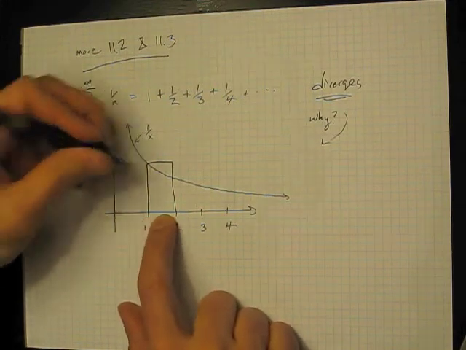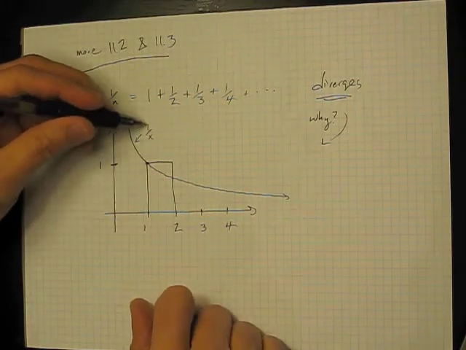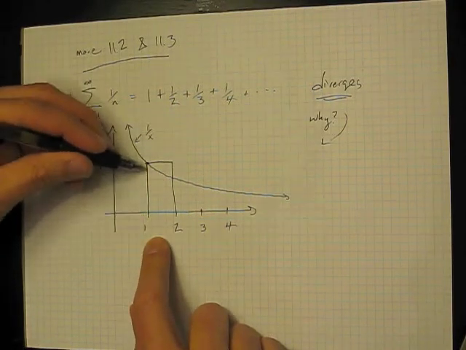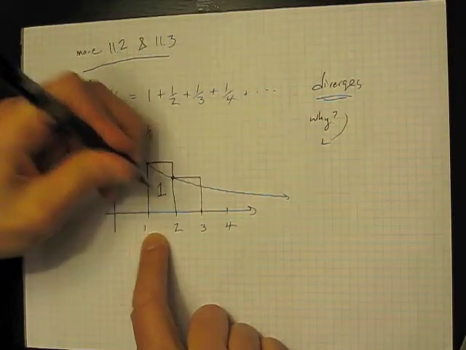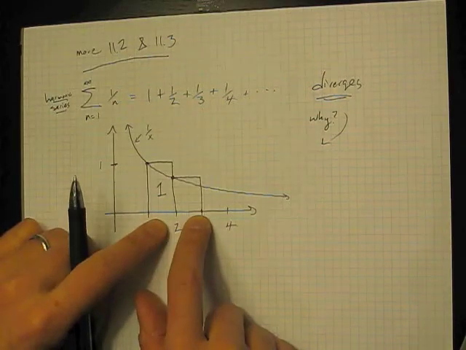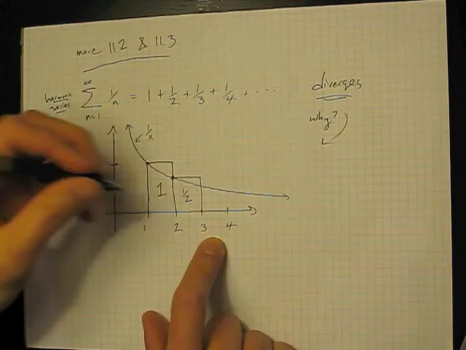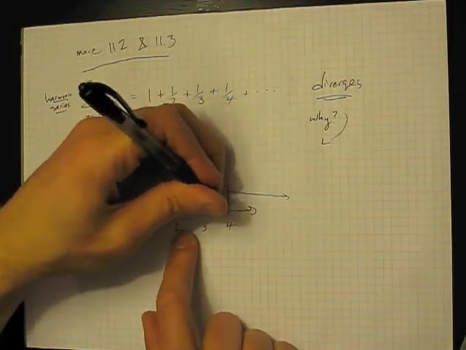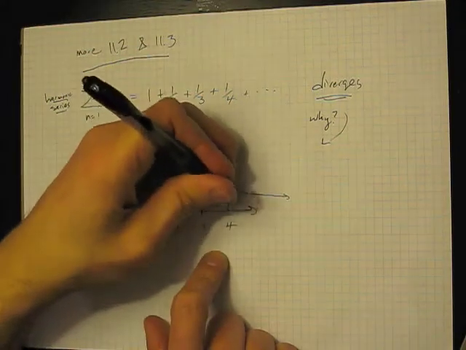It has length 1, and this coordinate right here is at height 1, because the function is 1 over x, so you get 1 over 1, that's 1. So this has area 1. This box here is 1 wide and a half high, so it has area a half. This box here is 1 wide and has area a third, and so on.